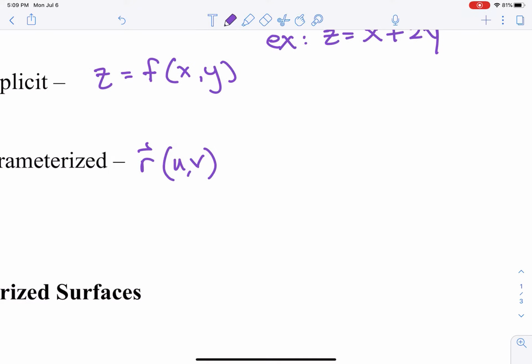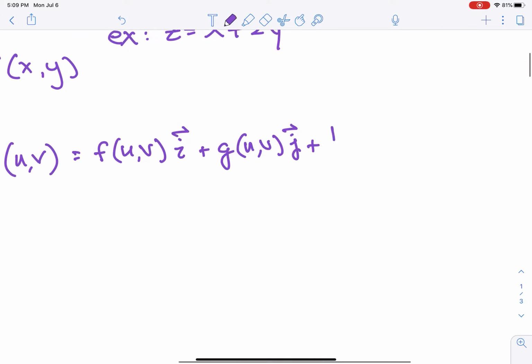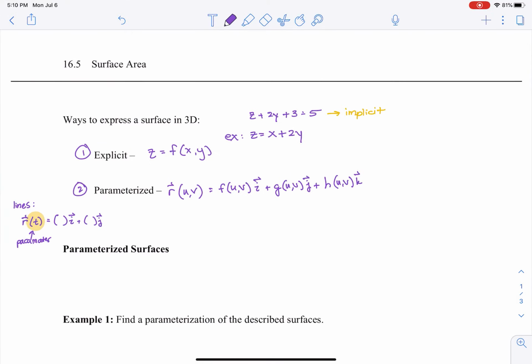And so just like when doing lines or curves, you can have some function of u and v in the i direction, and a different function of u and v in the j direction, and then a third function of u and v in the k direction. And so the combination and the manipulation of the u value and the v value in all three cardinal directions will give you a surface in 3D. So this traces out a surface every time.